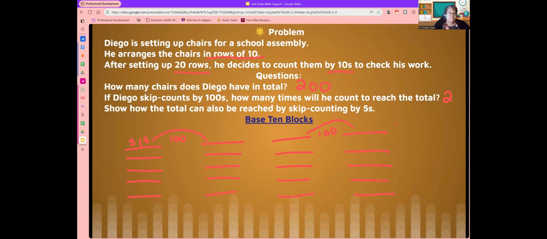So either way, whether we skip count by 10s, 100s, or 5s, we still get 200.